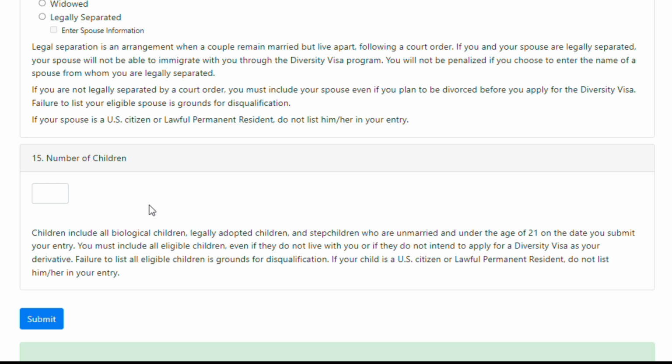And then a confirmation page will come with a confirmation number that you're supposed to keep safe until the results are out, because that confirmation number is the number that you use to check whether you were successfully selected or not. But if you indicated you don't have kids and you are not married, that means you're the only applicant.